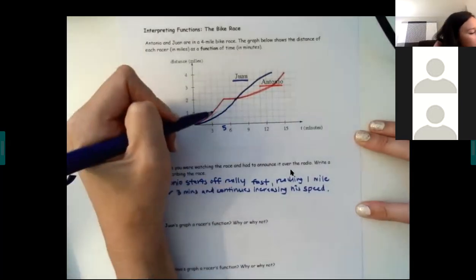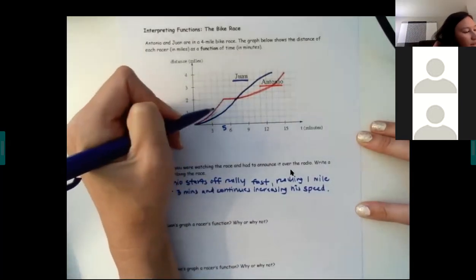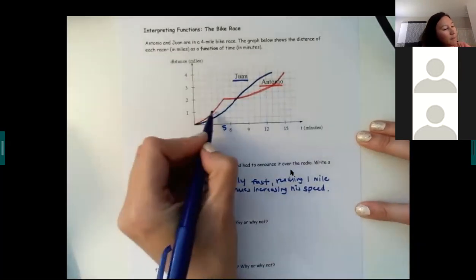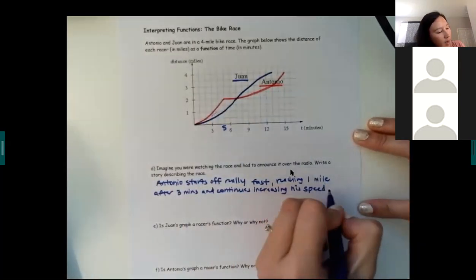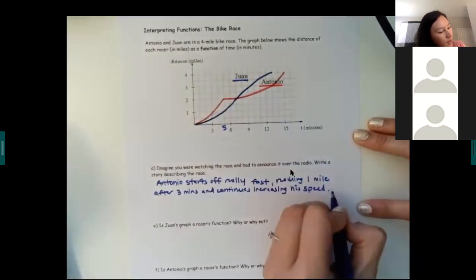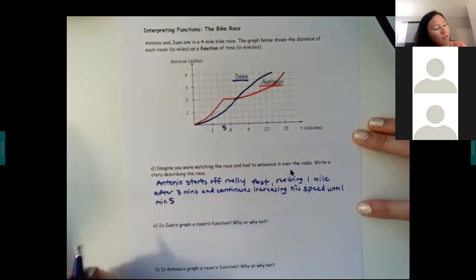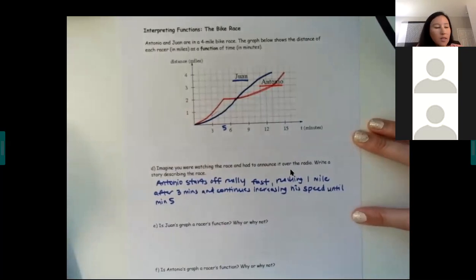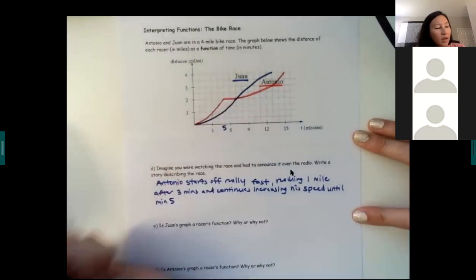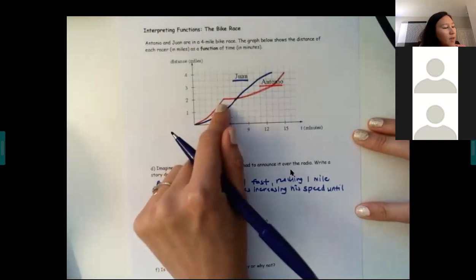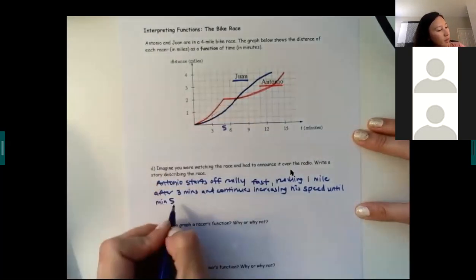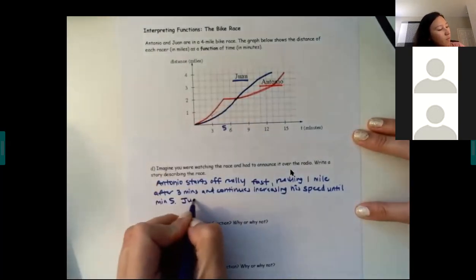So you'll see even at 3, the line gets steeper. So increasing his speed until minute 5. Then he tired himself out. So Antonio used all his energy in the first 5 minutes of the race, while Juan started off slower.